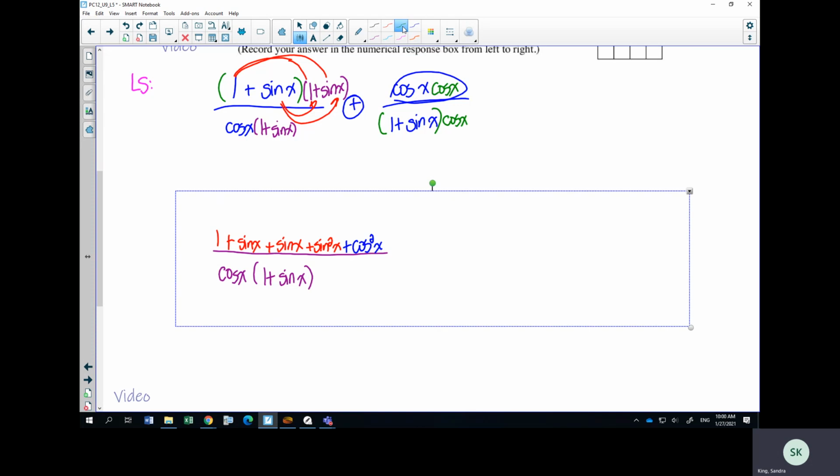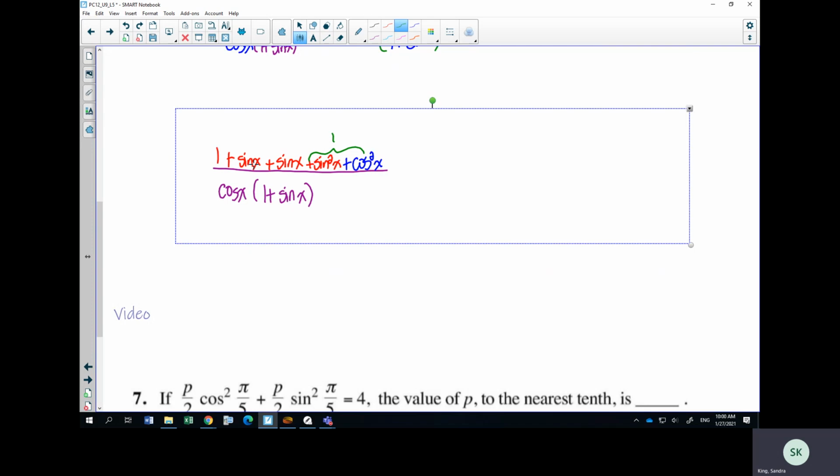Hopefully, many of you could see the identity, but there is an identity in here. Sine squared of x plus cos squared of x is going to be 1. So I'm going to take this out and put a 1 in its place. The other thing I'm going to simplify is sine of x and sine of x, which would be 2 sine of x.